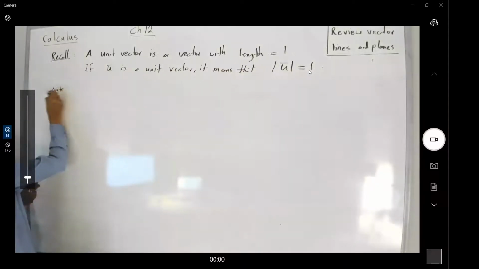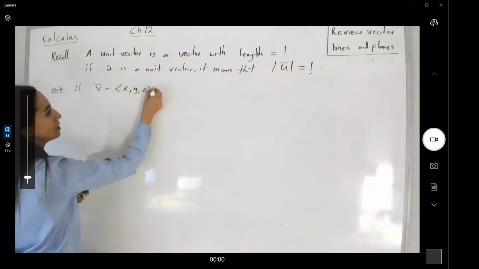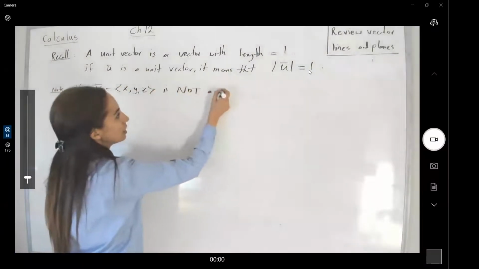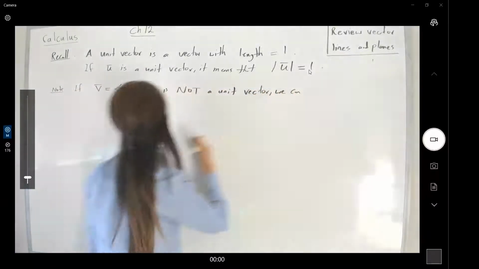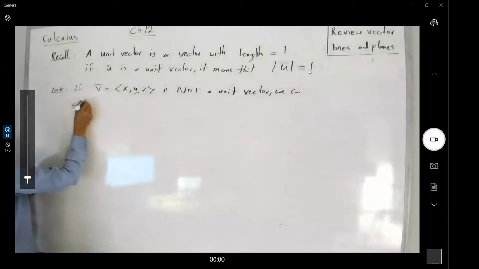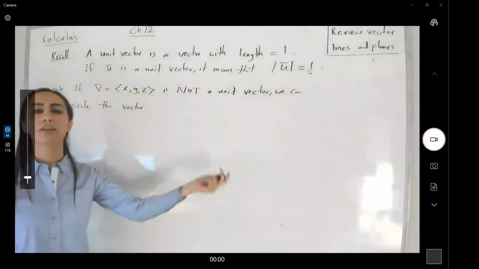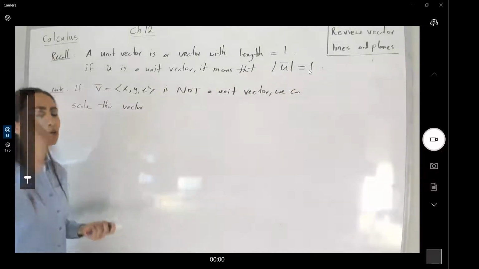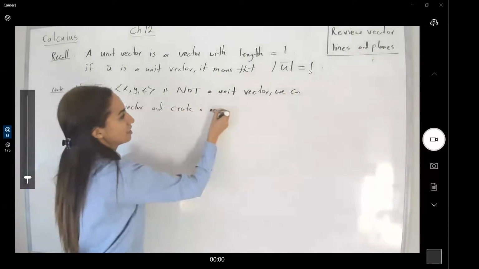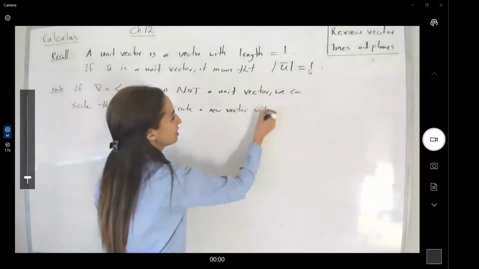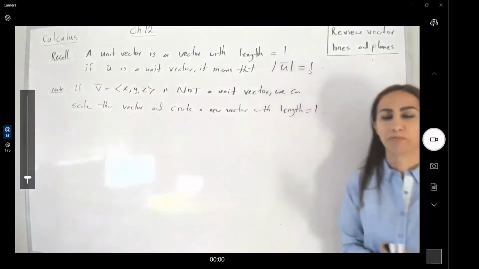Note that if V equals x, y, z is not a unit vector, we can scale this vector and create a new vector with length equal to 1. But how?